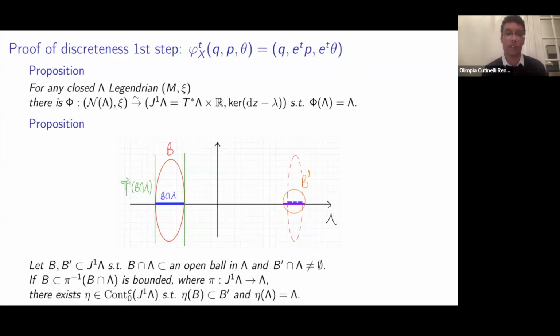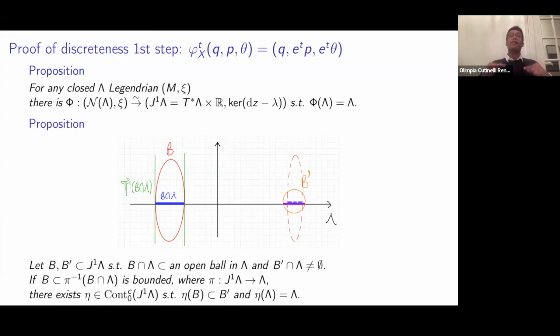Okay, and the proof is not so hard, and it's pretty much easy even. So B intersects lambda in a small chart, in this blue line here. But since it is in a small chart, you can find a diffeomorphism of lambda, so a diffeomorphism of the zero section, isotopic to the identity, that sends the blue line, so the intersection of B with the zero section, inside the purple line, the intersection of B prime and the zero section.